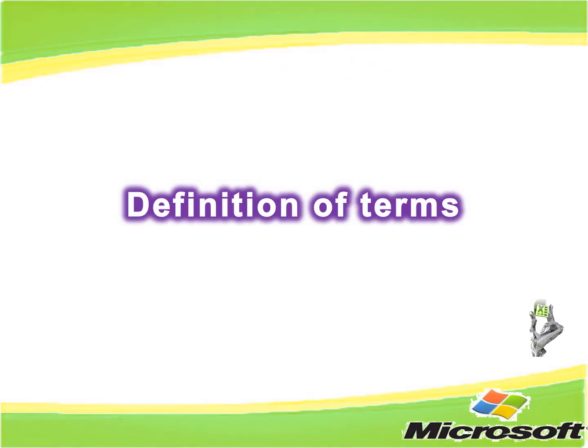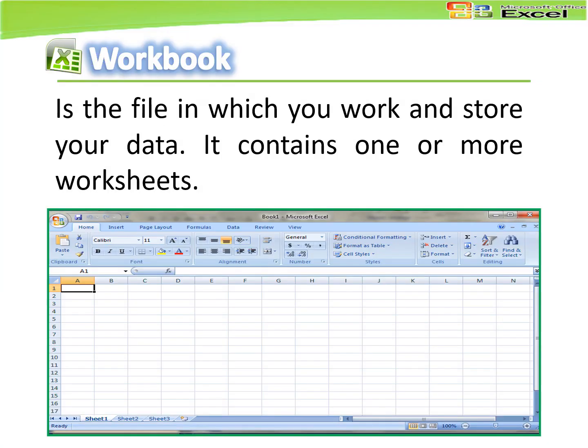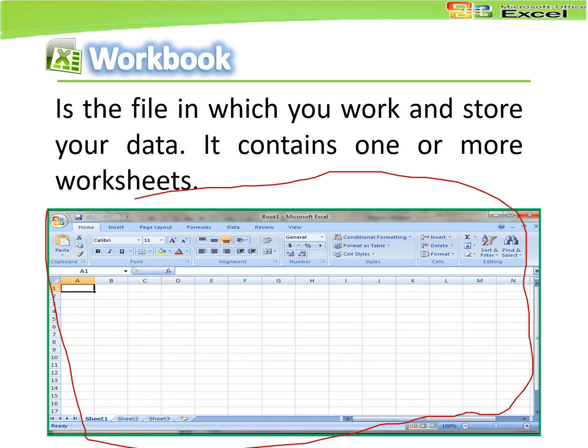Some definition of terms in Microsoft Excel that you can encounter when learning MS Excel. We have the workbook, so it is a file in which you work and store your data. It contains one or more worksheets. By default, the workbook has one or more worksheets that you can find here at the bottom.